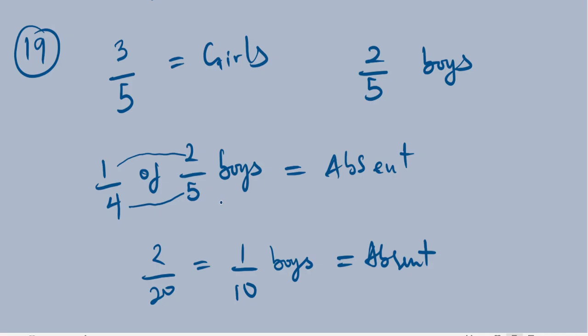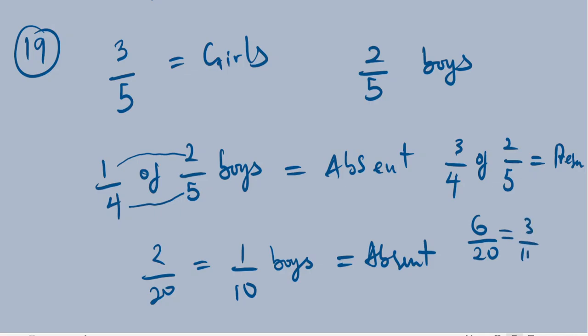So now listen, see this. They said 1 over 4 of the boys were absent. So if 1 over 4 of the boys were absent, it means that 3 over 4 of the boys, which is 2 over 5, were present. So what is 3 over 4 of 2 over 5? That is 6 over 20, which is the same thing as 3 over 10, were present.